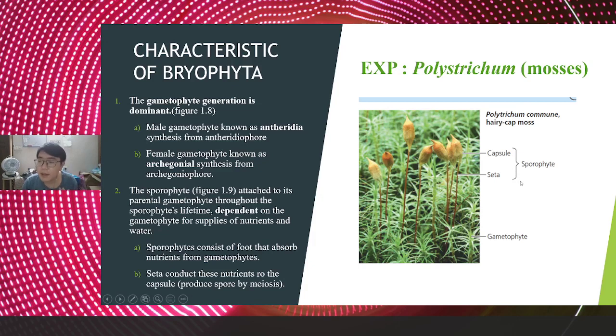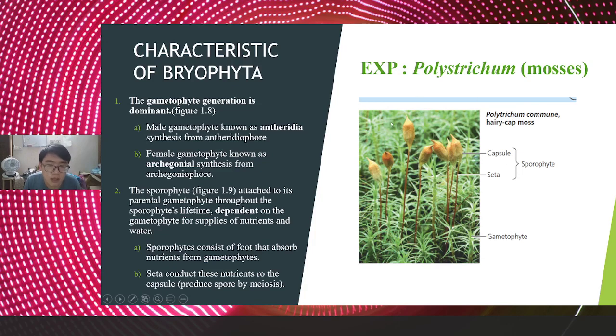If you learn flowering plants, the sporophyte generation is dominant. The sporophyte lifespan is very long, but the gametophyte is only short. But for this plant, the gametophyte generation is dominant. You have to remember this.